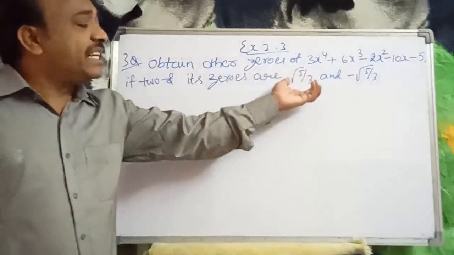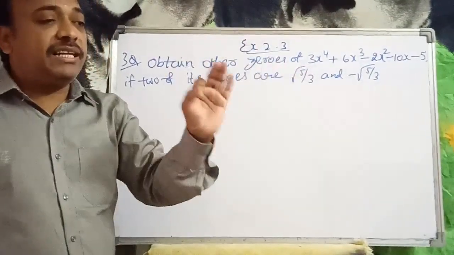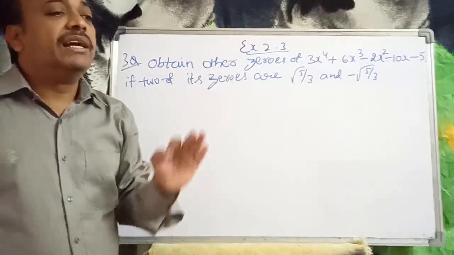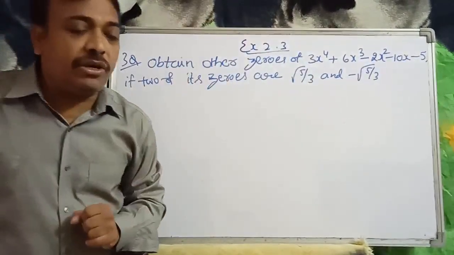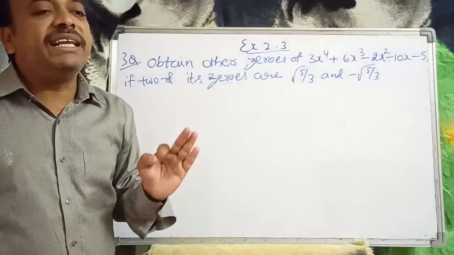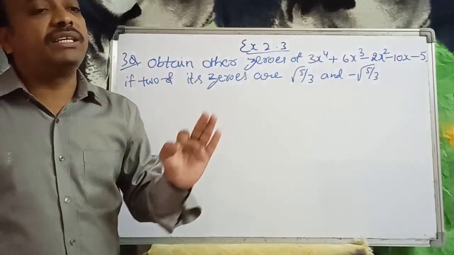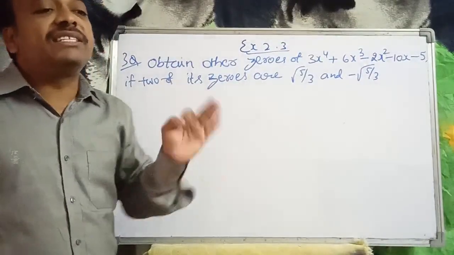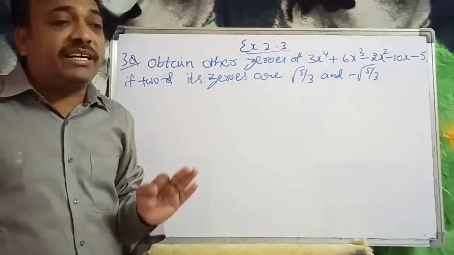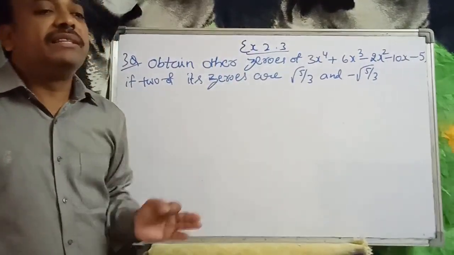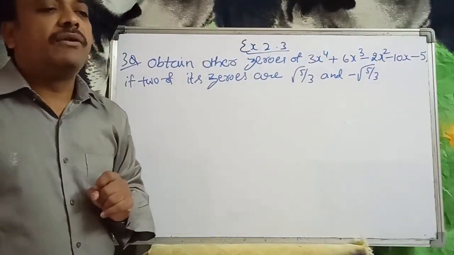In the previous class I said, if alpha is a zero of the polynomial, then x minus alpha is a factor. If beta is a zero of the polynomial, then x minus beta is a factor.